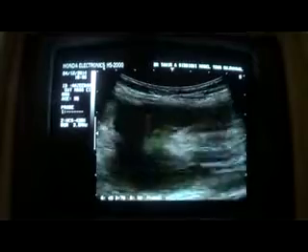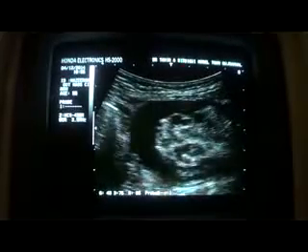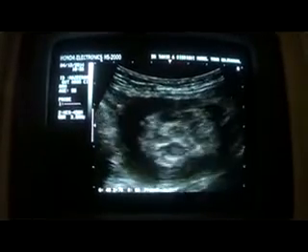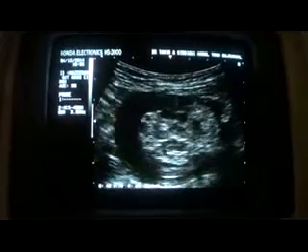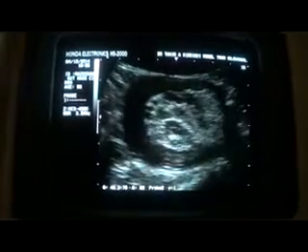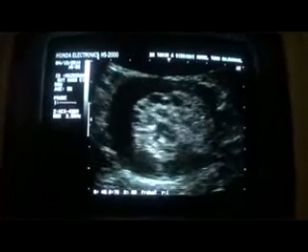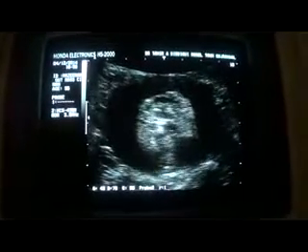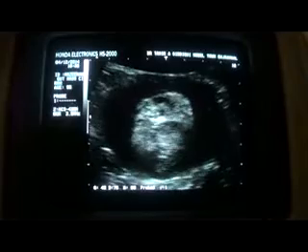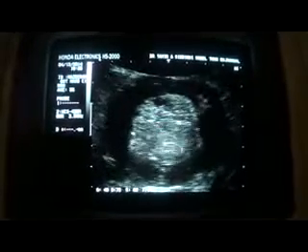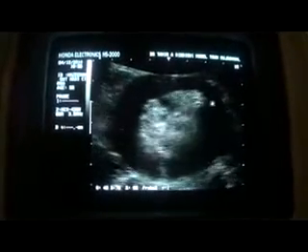This is the transverse section of the same bowel segment. Here we do see some movement. This is to show you the movements. I am placing the probe where I was. I am not changing. Now here you can see the churning movement of this collapsed bowel segment.